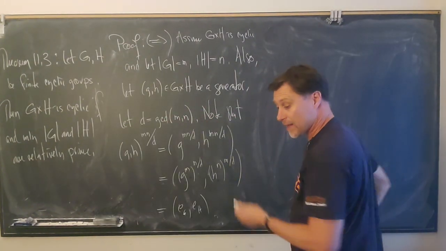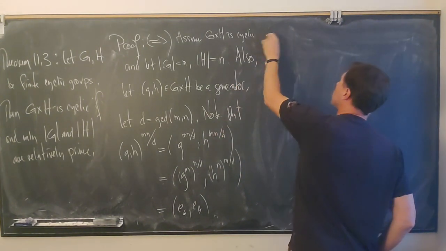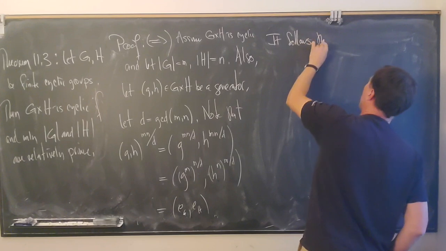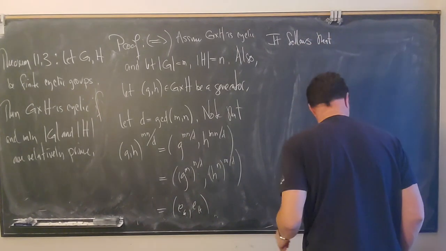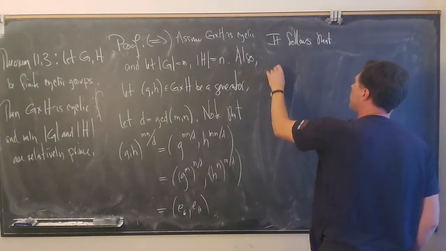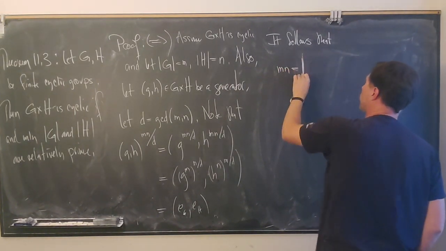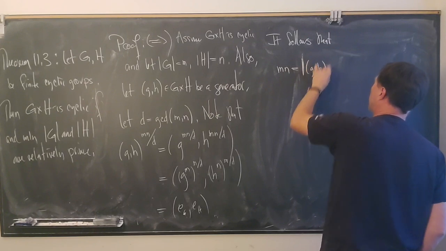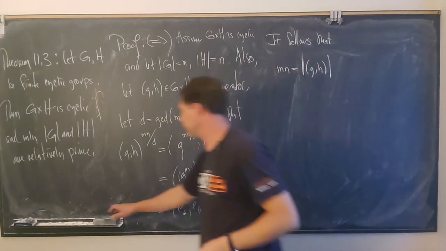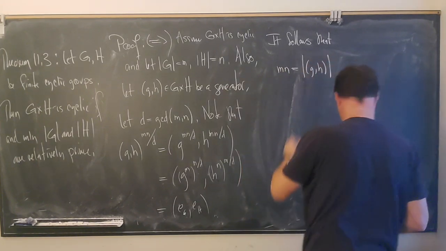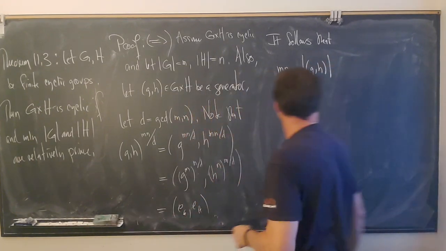Okay, so what do we conclude here? It follows that, well, we know that the order of (g, h) is equal to MN, right?